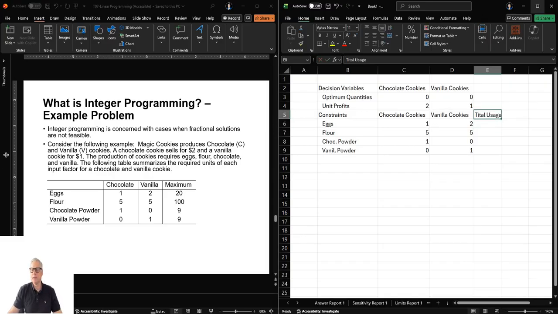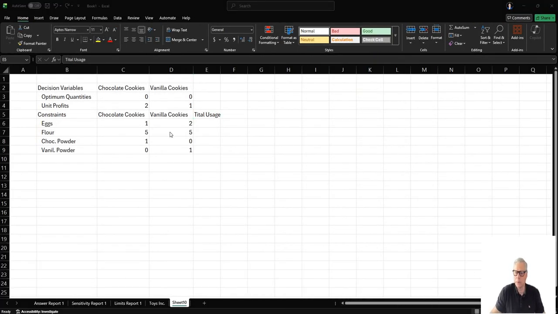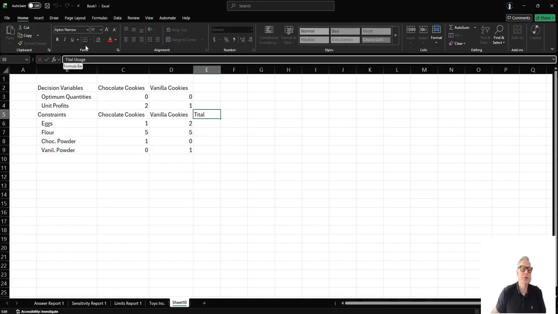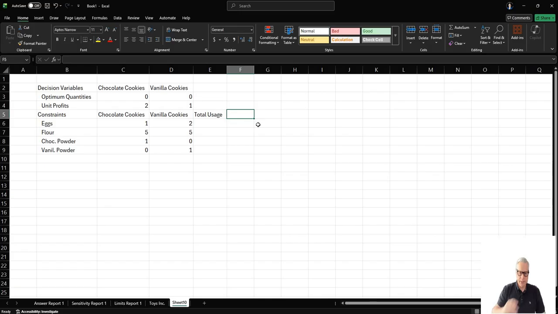And now I can zoom in here. Maybe I go here to the corner. So the total usage, we have to enter the formula. We need the sign and the max available.